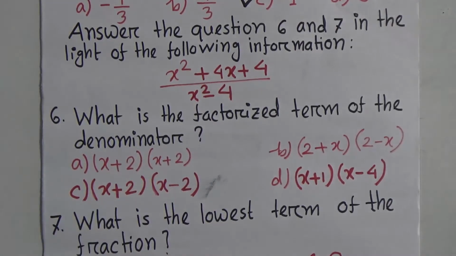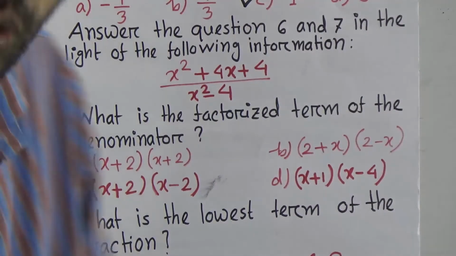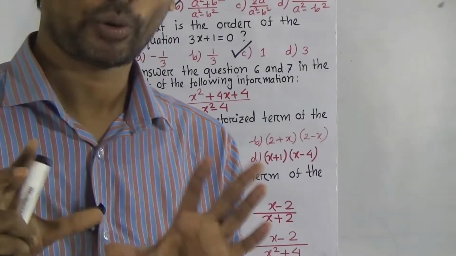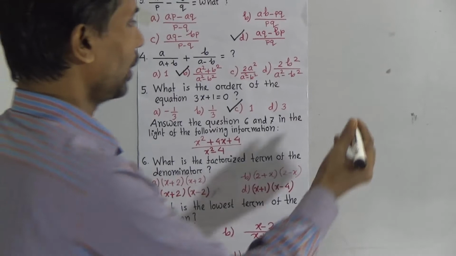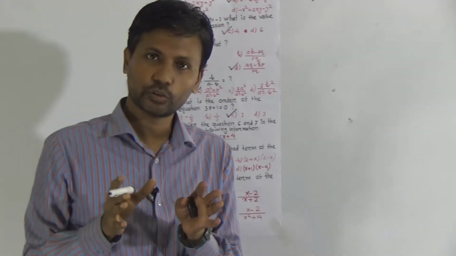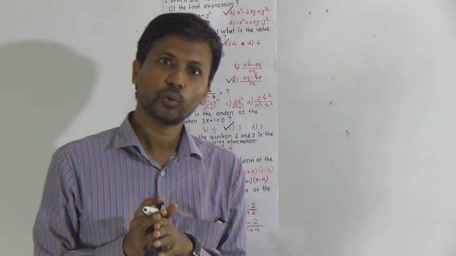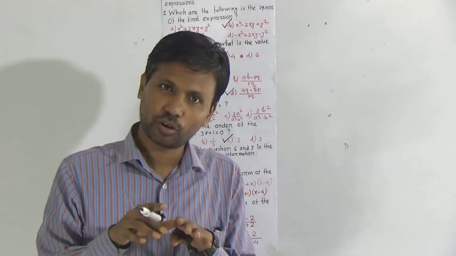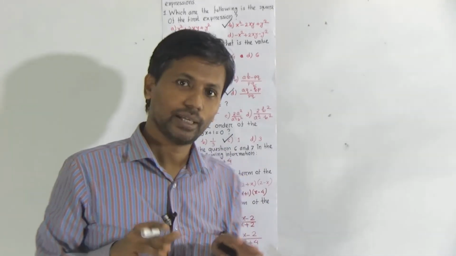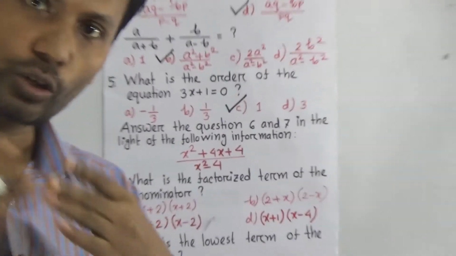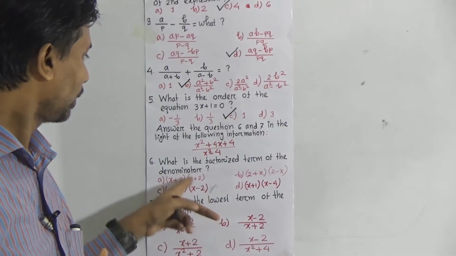I told you how you can recognize the factorization form. When two terms are multiplied to each other, or when we write an expression in product form, that means the multiplication form, then the factorization form is created.